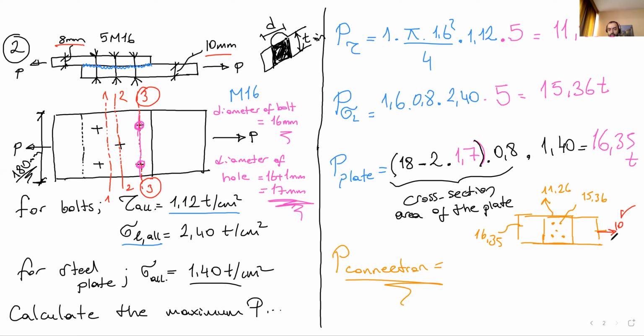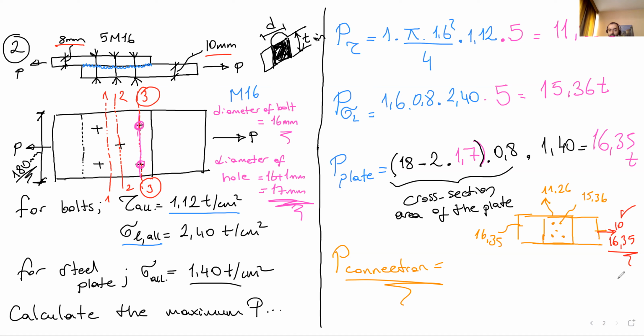Instead, if I apply 16.35, this one is safe for the steel plate. Okay, when I apply this 16 to the connection, it works for the steel plate. Steel plate is safe. There is no problem.